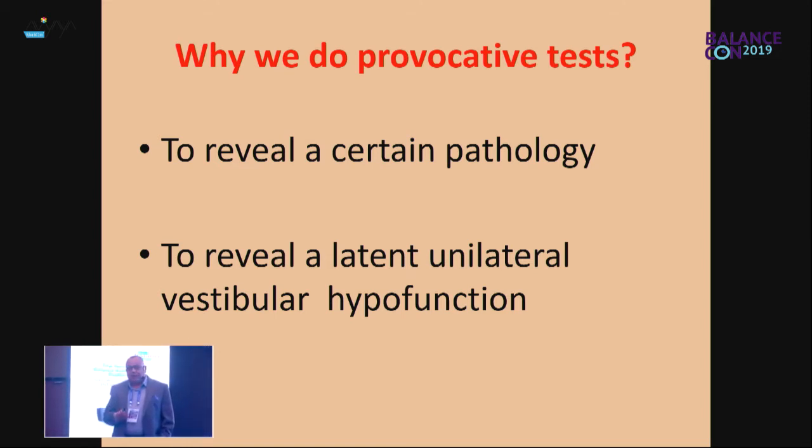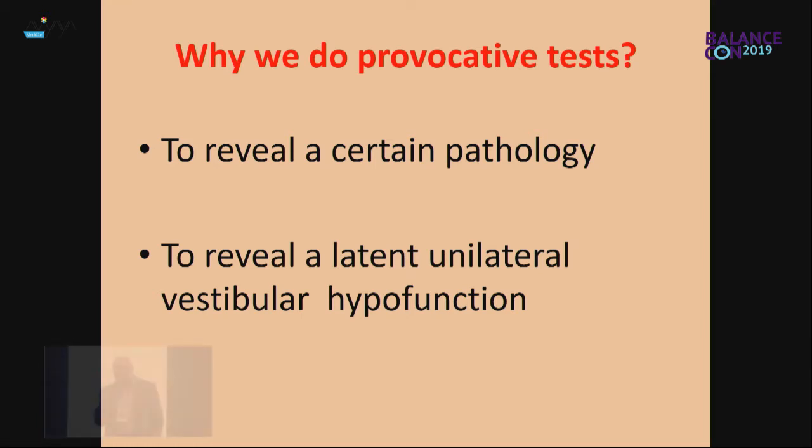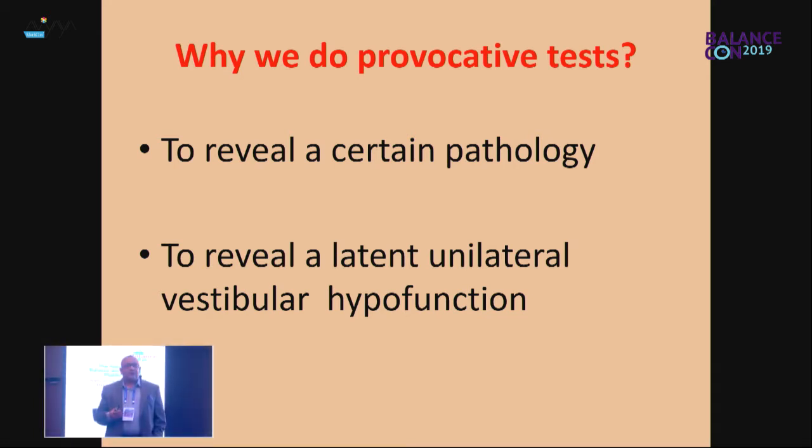All of us are aware that if we have a unilateral vestibular hypofunction due to neuritis or any other condition, physiological compensation will happen, and the spontaneous nystagmus and many other signs would disappear clinically and even with videonystagmography. Sometimes the patient is symptomatic only with very fast head movements. So you need some provocation to show if there is a latent vestibular hypofunction.